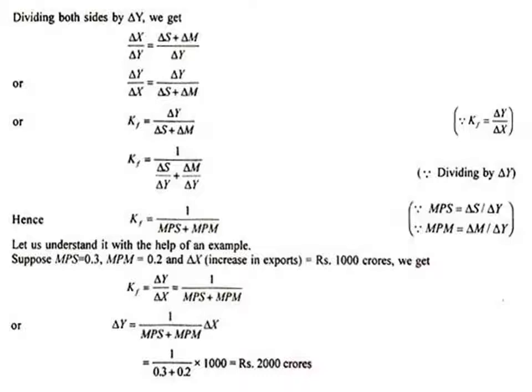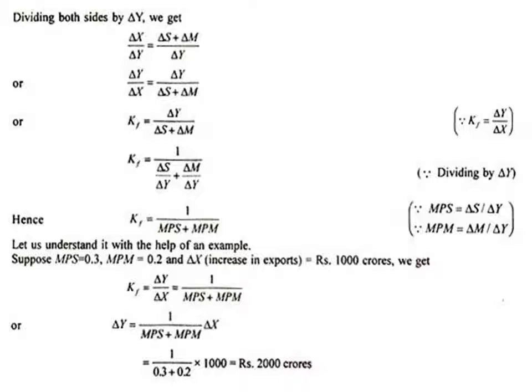Dividing the numerator and denominator by delta Y, we get 1 divided by delta S by delta Y plus delta M divided by delta Y. Delta S divided by delta Y equals what? Marginal propensity to save.